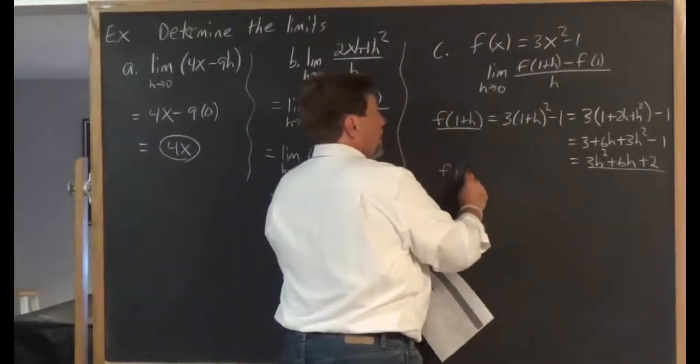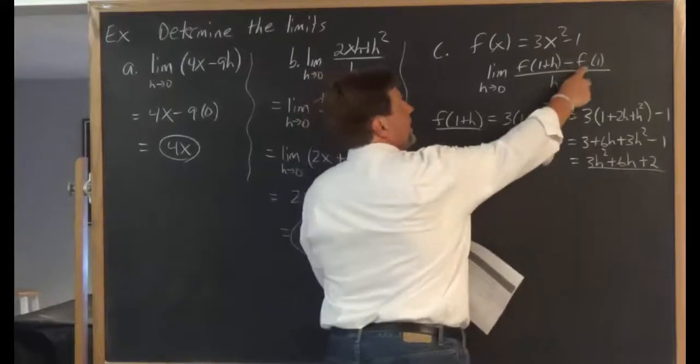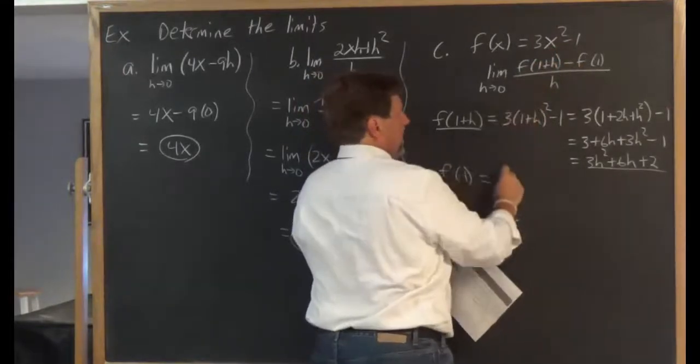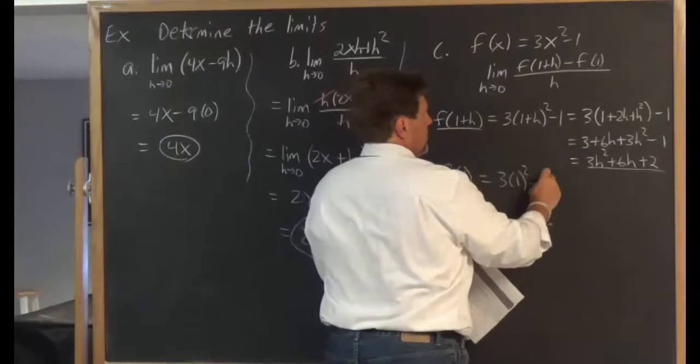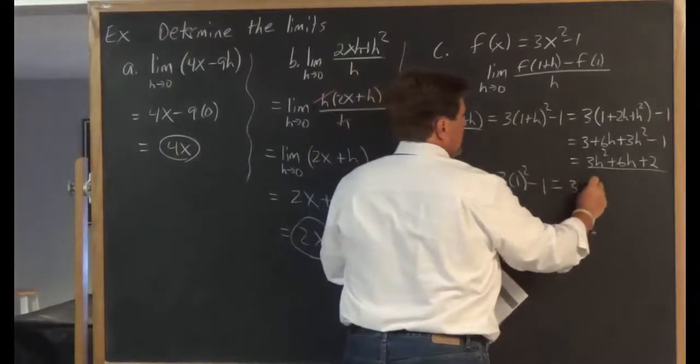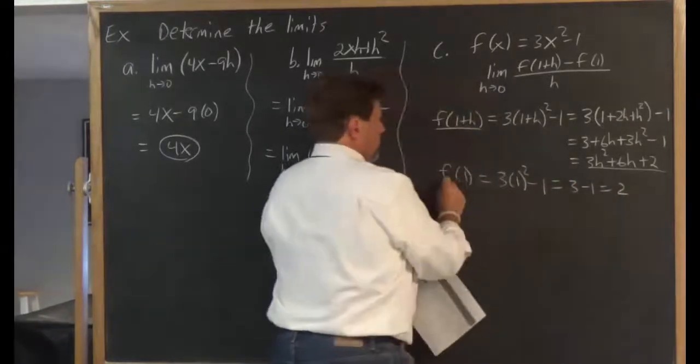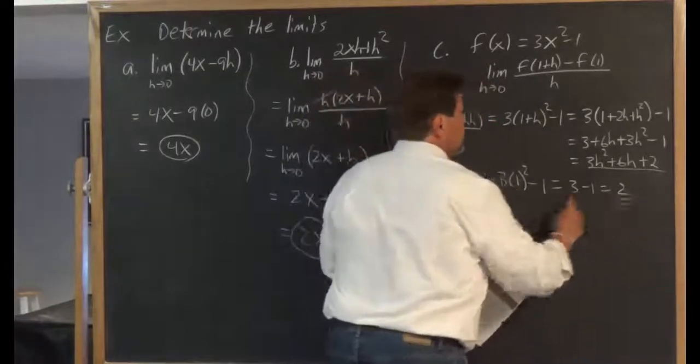The f of 1, because I have to know what the f of 1 is, I put 1 in for the x. And that gives me 2. So f of 1 is 2.